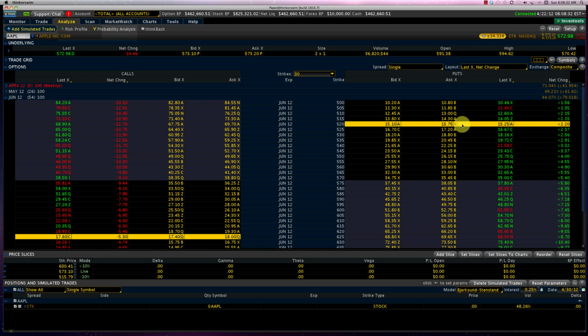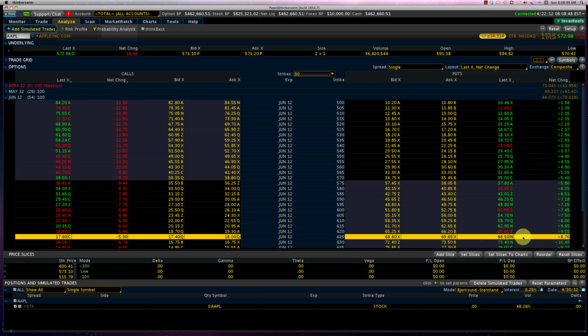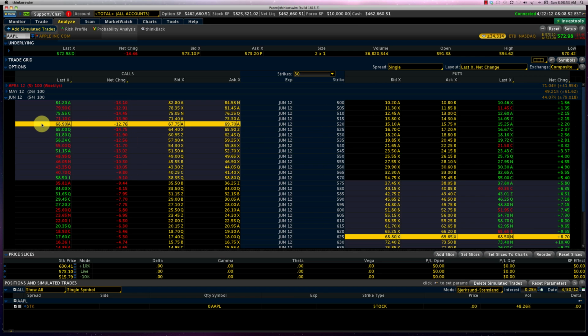So the 520 put option is actually out of the money in our case. And on the call side, the 520 call will be in the money. Similarly, you have the 625 put option, which will be in the money, and on the call side, the 520 call would be in the money. So you can see it's exactly the reverse. The layout is reversed, and the gray shaded areas are also reversed.